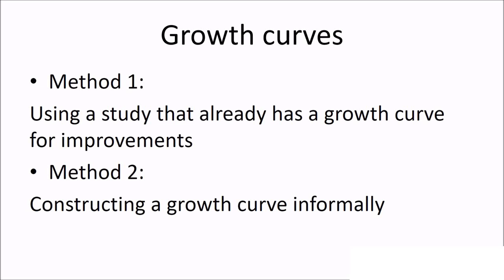the improvements. Method 2 is when you don't have one study that has a growth curve plotted out for you. If that's the case, then we'll need to have a strategy for systematically searching for studies for the patient population of interest as well as the outcome measure of interest, so that you can collect these studies, which we hope are longitudinal.